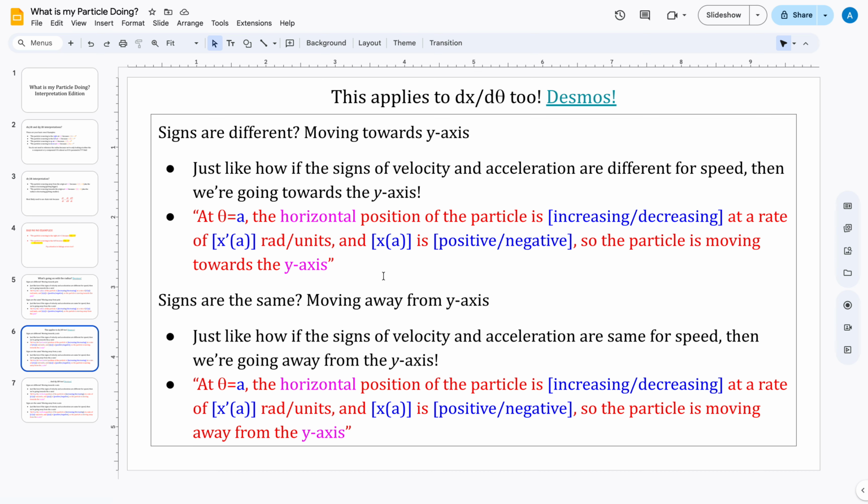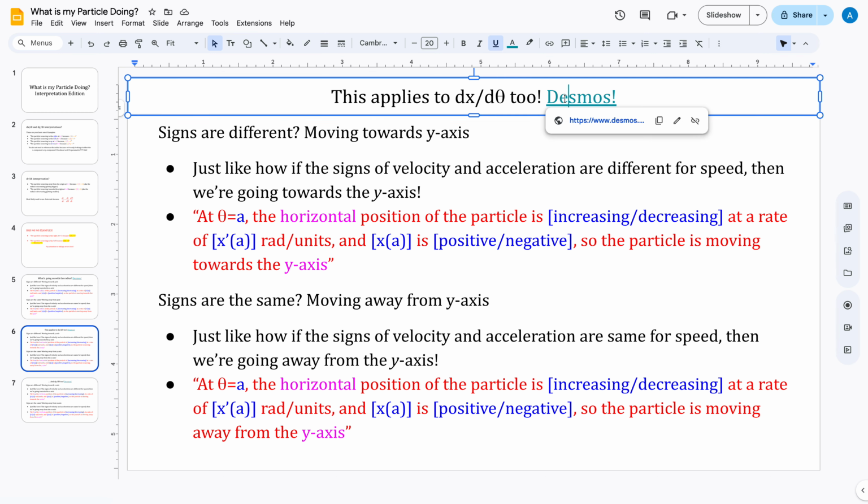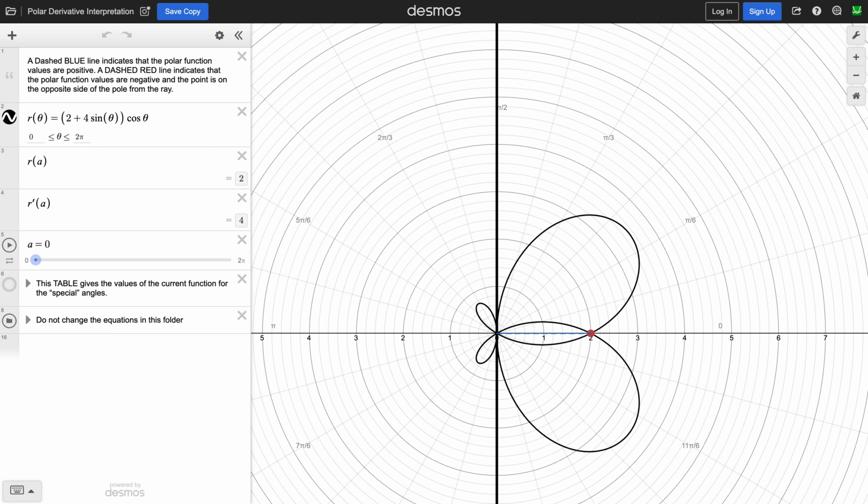So once again, let's say I have this function where I have r cosine of theta, and then I look at my derivative and my function value.